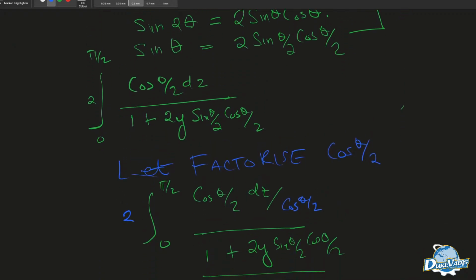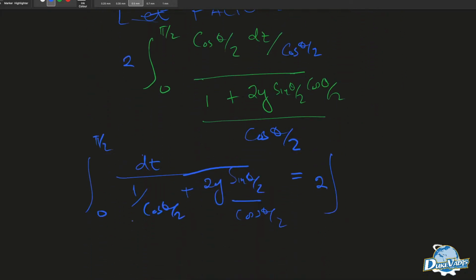So the 2 comes here. Then we have the dz all over 1 over cos squared theta, which will give us sec squared theta over 2 plus 2y tan theta.